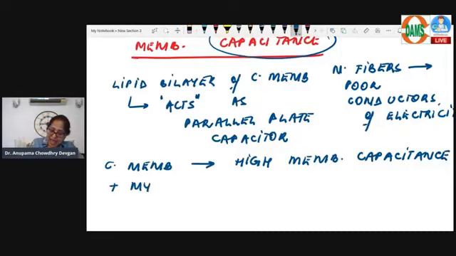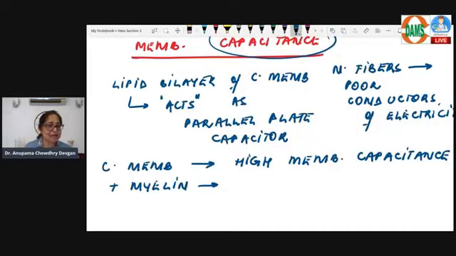Cell membranes by themselves have a high membrane capacitance because, like I said, the lipid bilayer acts as a parallel plate capacitor.